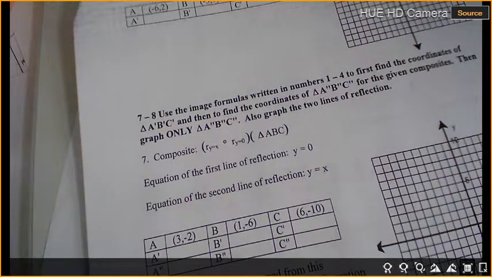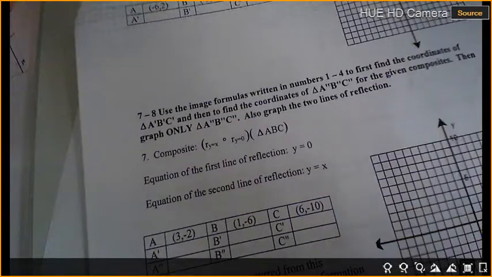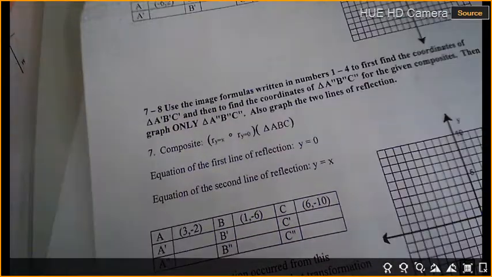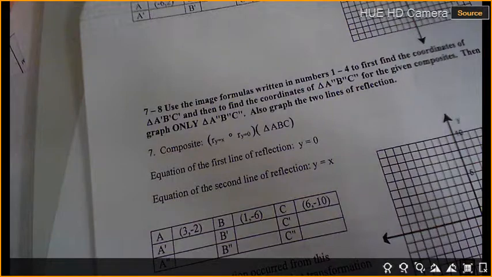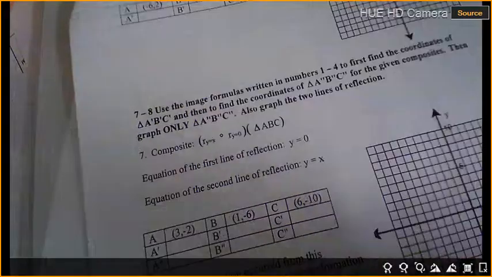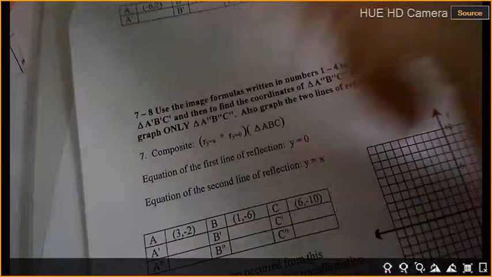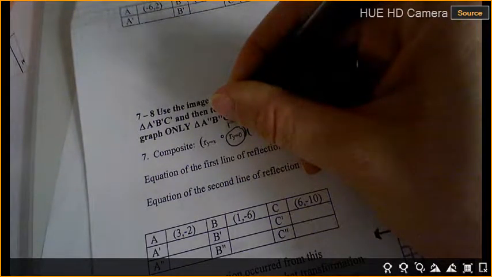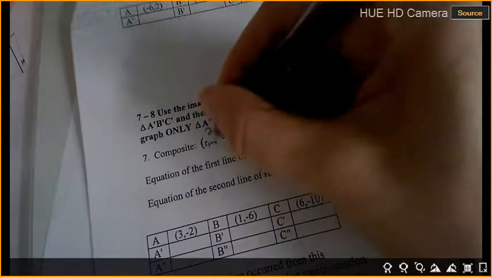It says composite of r over y equals x and composite of r over y equals 0. This is a weird notation. It's kind of like parentheses with this little open circle right here. This one goes first, so this is what I do first, and this is what I do second.